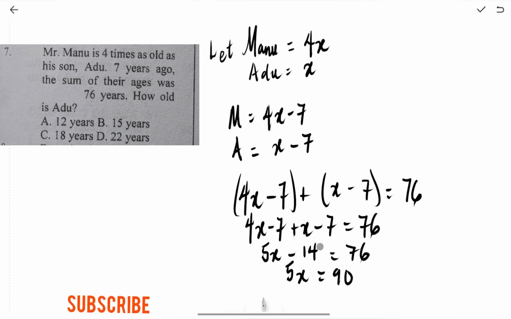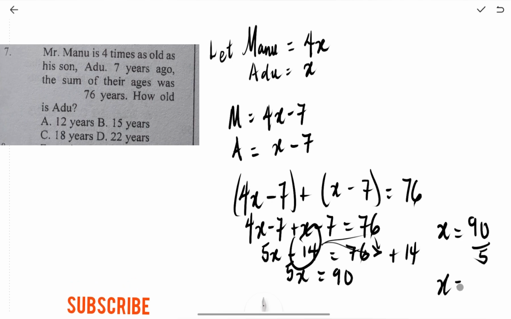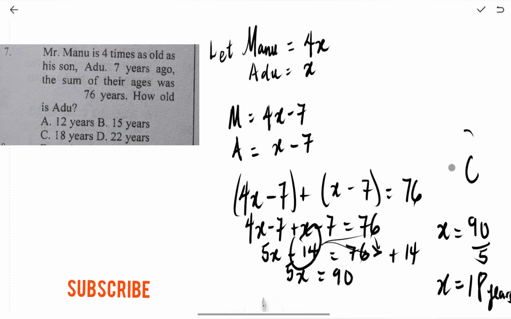This one goes to the other side as plus 14, and this goes out. So when we divide both sides, x is going to be 90 divided by 5. x is going to be 18 years. So 7 years ago, Adu was 18 years old. The answer is C.